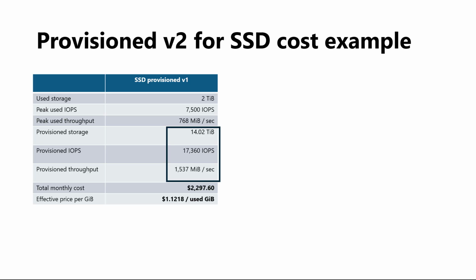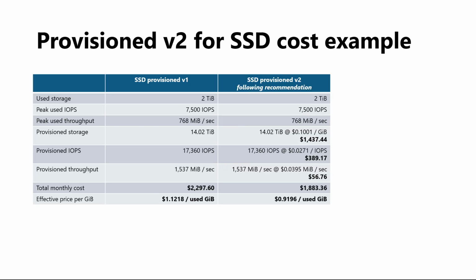And you can see here the number that I ended up provisioning for 2 terabytes of used capacity is around 14 terabytes. And that's because to get the IOPS and throughput that I want, I have to actually provision 14 terabytes. So as a result, you end up with a huge expense, right? $1.12 per used gig. That's very, very expensive storage.